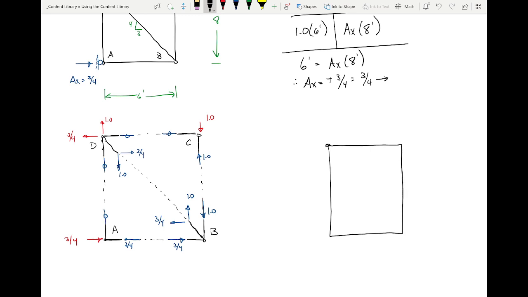So now, in order to transfer these forces, all right, so this is down.